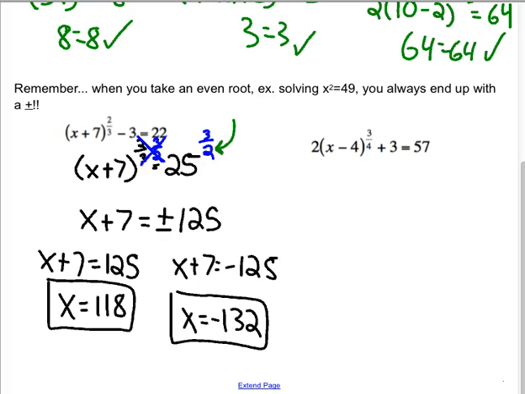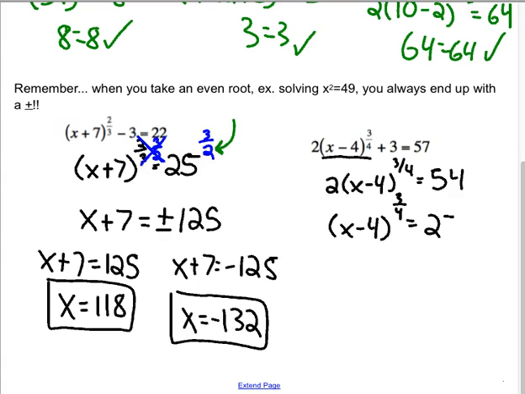So let's move on to our next one. So again, same thing. First thing is I want to isolate that piece of my equation. So I'm going to subtract the 3 and I'm going to divide by 2. So I isolate that rational exponent.